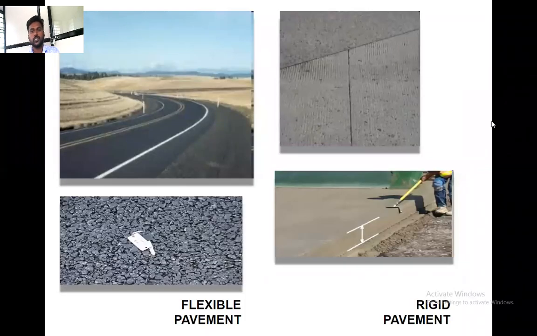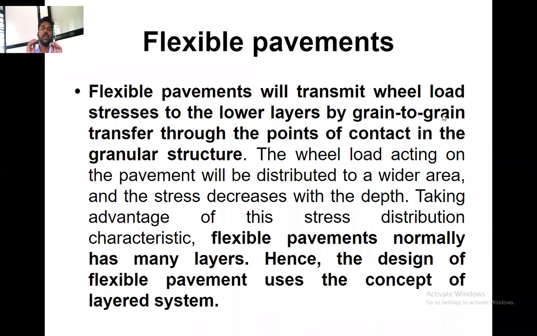Then these are the pictures that we have seen in the last lecture, and I also told why the joints are provided in the rigid pavement: to avoid the temperature stresses, to avoid the cracks due to the temperature stresses. Due to the temperature stresses, there might be cracks in the pavement if we don't provide the joints. If you provide the joints, there will be fewer chances of cracks in the pavement, because the pavement will have the free access to elongate and contract.